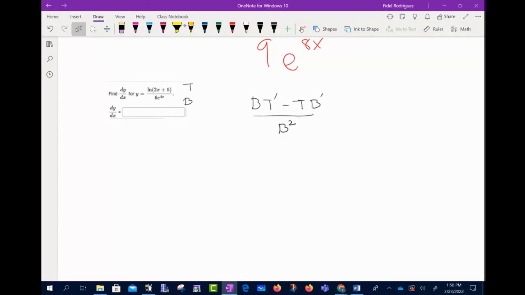Okay. So remember, we're finding y prime or dy/dx, right? Okay, the bottom function, everybody agree, is 6e to the 4x? Okay, times the derivative of the top. So remember, when we take the derivative of a natural log, it's going to be 1 over 2x plus 5 times the derivative of whatever that piece is. So what's the derivative of 2x plus 5?